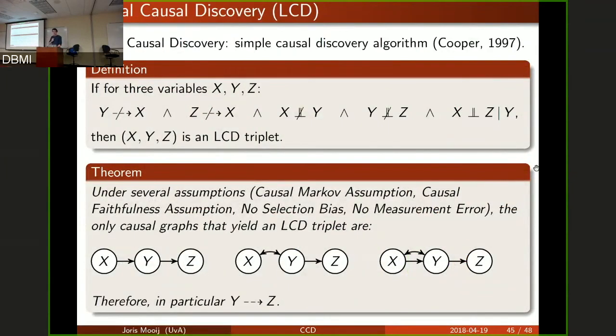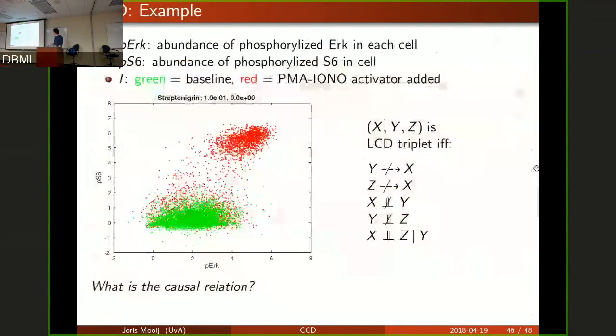So what did they do? They tried evaluating local causal discovery, LCD, by Cooper, one of the nicest causal discovery algorithms around because of its simplicity. In view of the time, I'll skip how it works. If you don't know it, it's recommended reading. Here's an example of how an LCD pattern in the data might look. It's a similar setup as before, so two conditions, green and red, baseline and BMA Yono activator added.